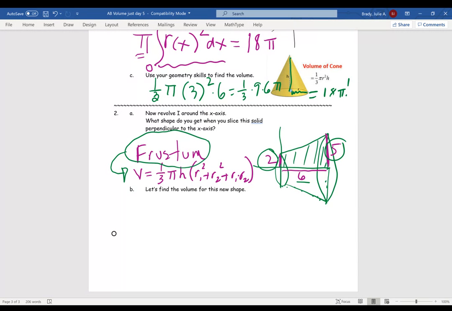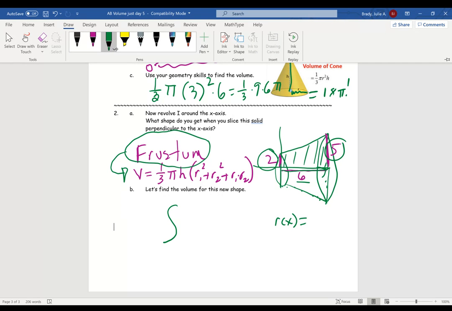Ready? Okay. So since we're going to be adding up circles, we're going to integrate, and let's do a function for the radius, because the radius will vary as we integrate along the x-axis.